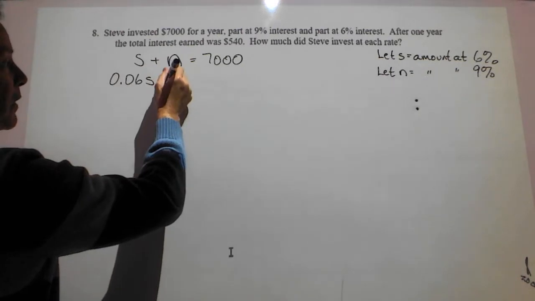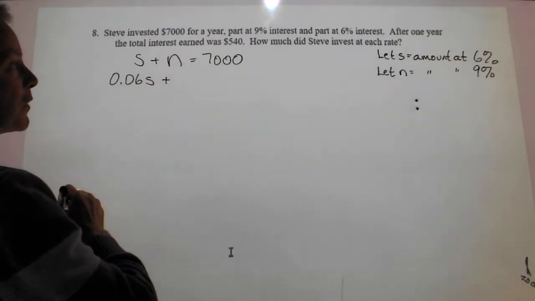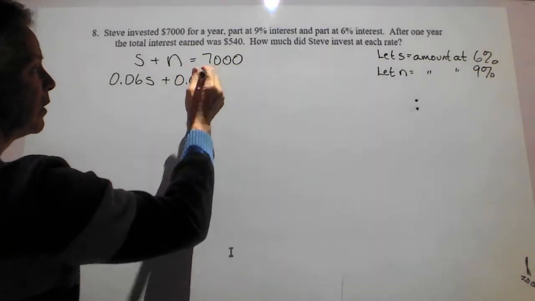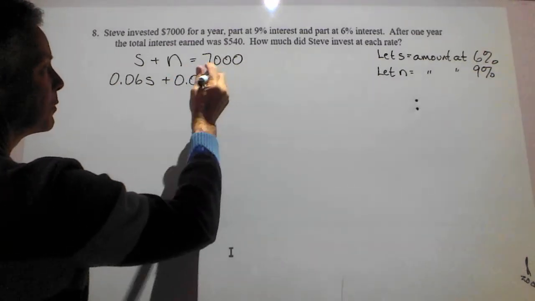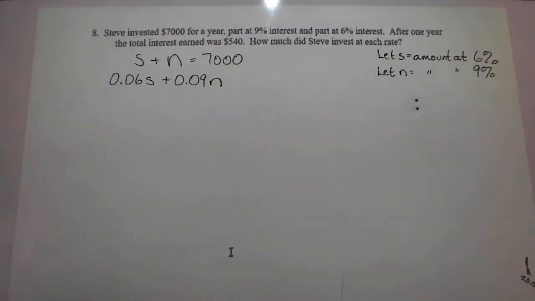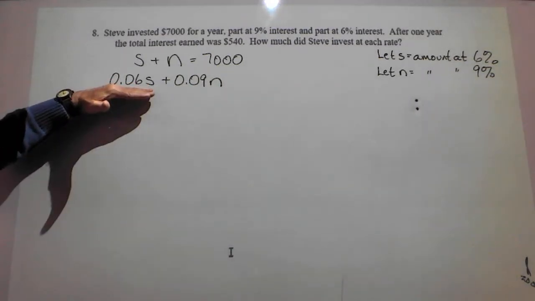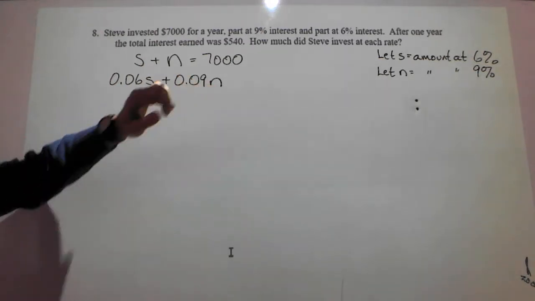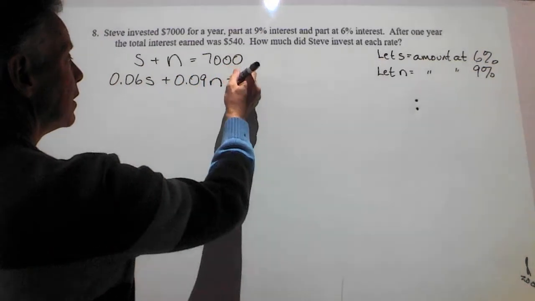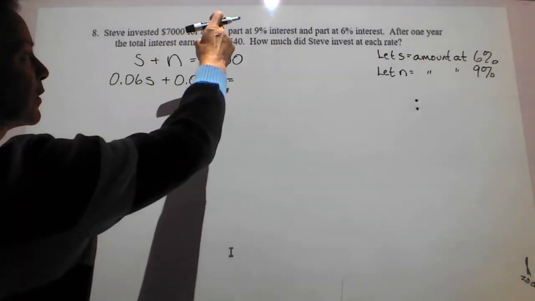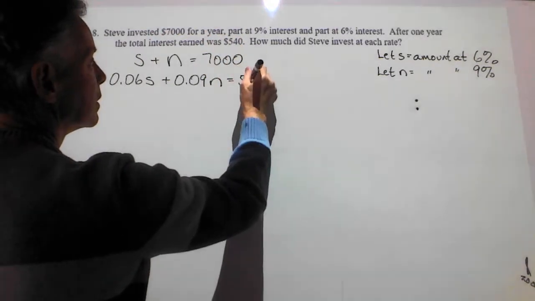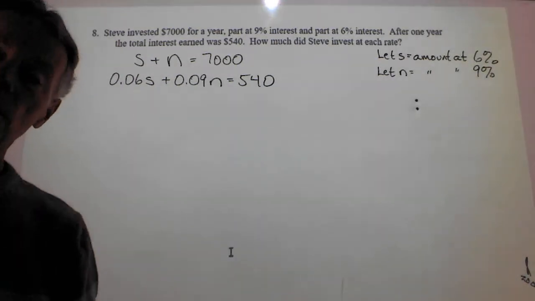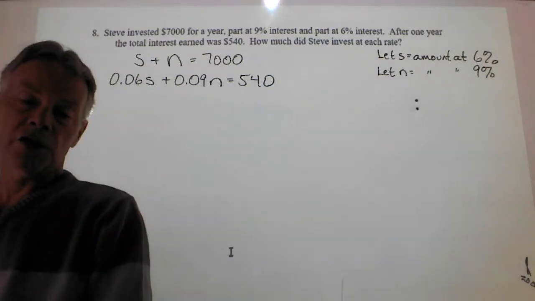For a 9% account, a similar term results, except remember, since it's a 9% interest account, we're multiplying our variable by 0.09. Okay? So when you take the interest earned in the 6% account, add to it the interest earned in the 9% account, all together, you get a total interest earned of $540. There are our two equations.